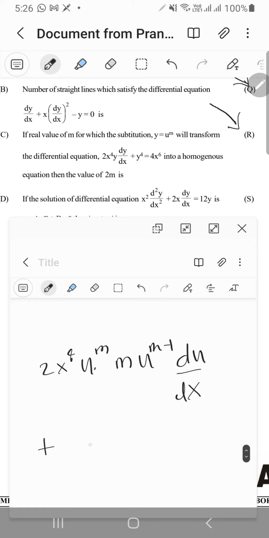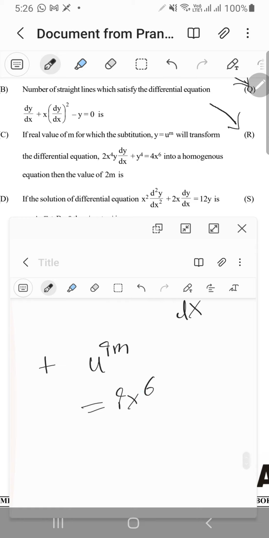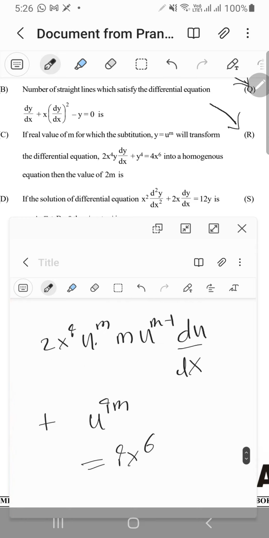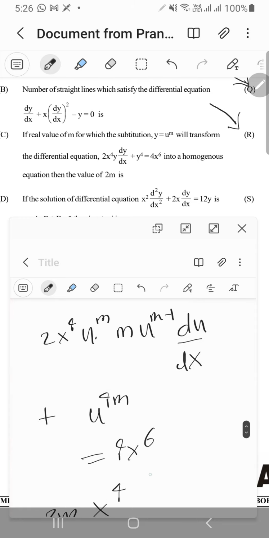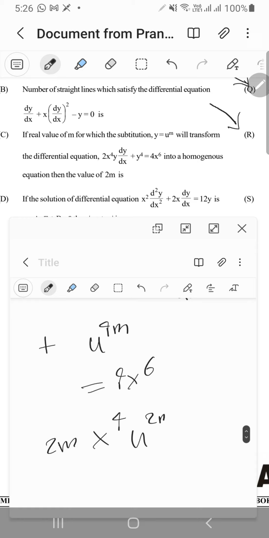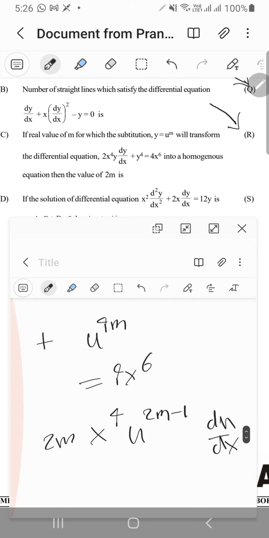Plus y power 4, so u power 4m equal to 4x power 6. So simplifying this, get 2m x power 4 u power 2m minus 1 du by dx plus u power 4m equal to 4x power 6, like 4x power 6 minus u power 4m, of course.